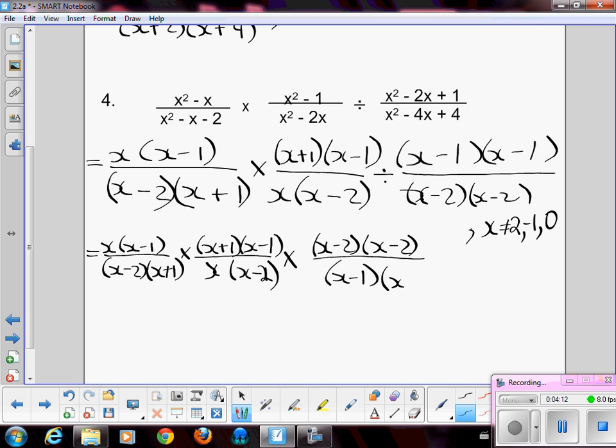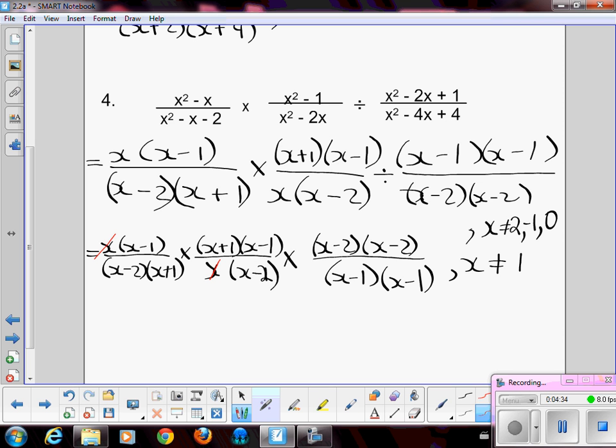And I look to see whether this created some more restrictions, and you can see it has. Now what the problem is, well, it's not a problem. What we've created is another restriction. X cannot equal +1. Now we can actually go through and cancel. So we have an x here, x here.